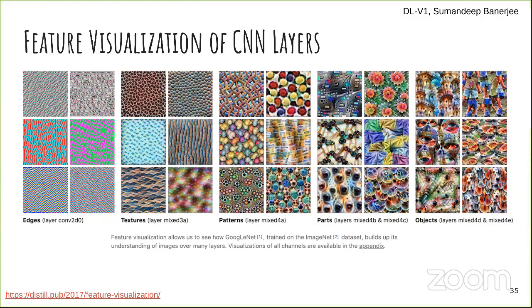So the earlier layers detect different types of edges, and the edges slowly build up textures. The early middle layers detect different types of textures available within the image, and the textures slowly make up patterns, and the patterns make up parts, and the parts make objects.